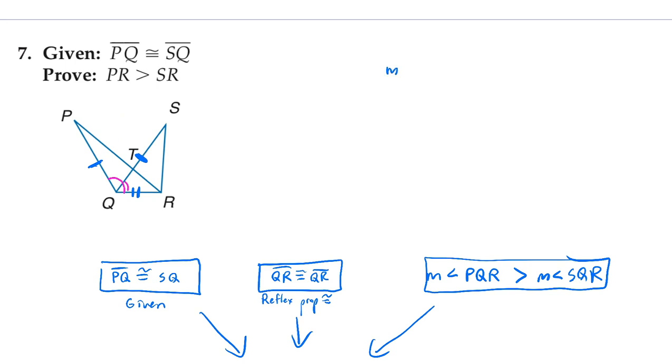We know that the measure of angle PQT plus the measure of angle TQR adds up to the entire angle. What do we want? SQR, PQ. Oh, I'm going to rename this from TQR to SQR just so it matches, right?